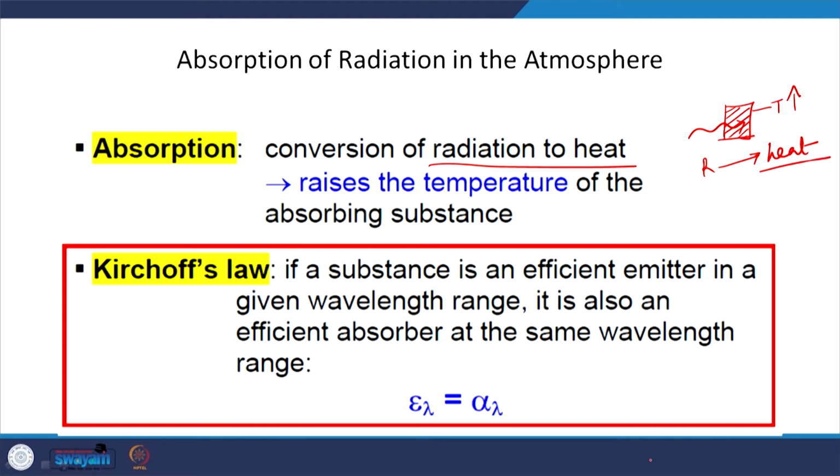And at the same time, if the black body is capable of emitting some radiation, it is equally capable of absorbing the same radiation if it is incident on it. So, the absorption and emission will happen at the same wavelength range. If a body is capable of emitting a certain wavelength range, it is also capable of absorbing the same wavelength.